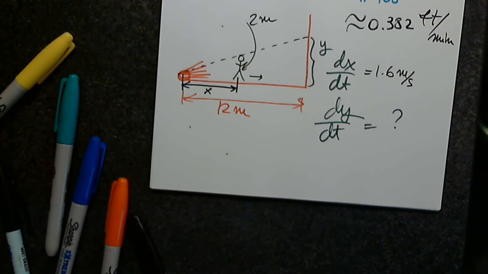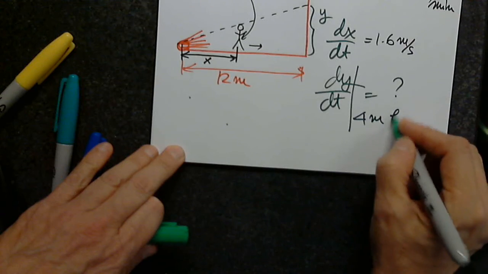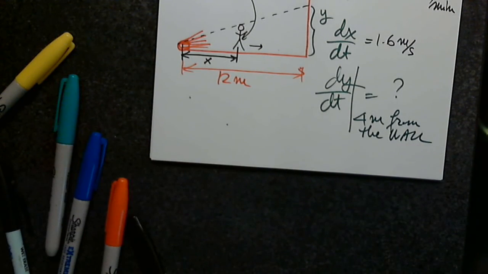How fast is the length of his shadow on the building decreasing when, and remember I should have stopped there, the when is always at the very end, when he is 4 meters from the building. We're putting that aside because we don't have a variable for it yet, because we haven't established what it is yet.